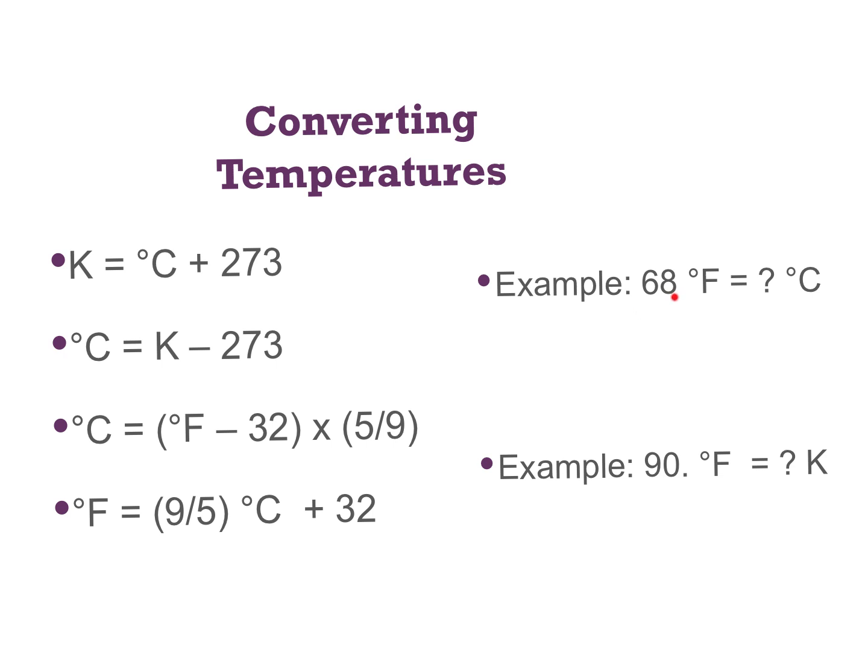The first one, we're going to take 68 degrees Fahrenheit and convert that to Celsius. Okay. So if you look at the equations, what equation are we going to use? No. Which one? Okay, the third one, right? So we need to solve for degrees Celsius, and we know Fahrenheit.